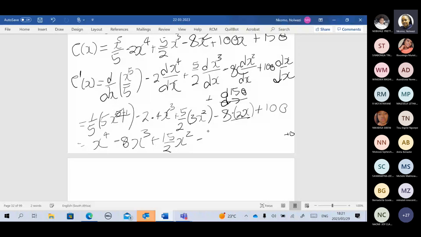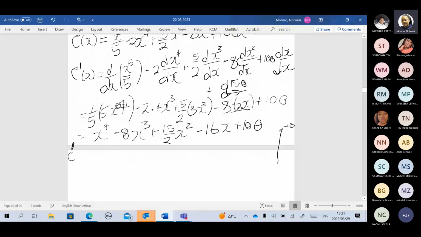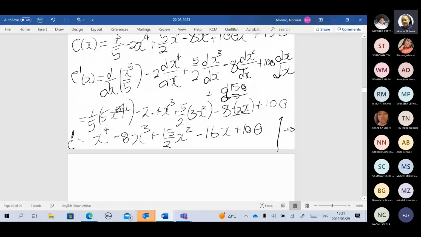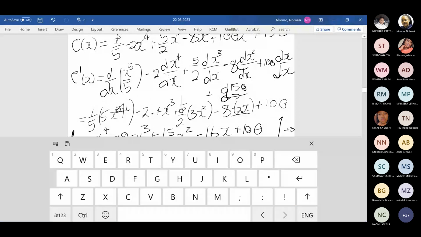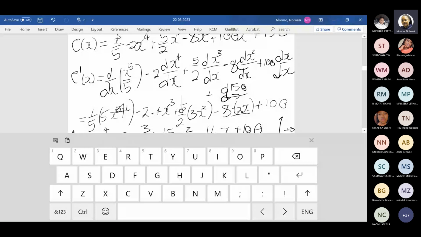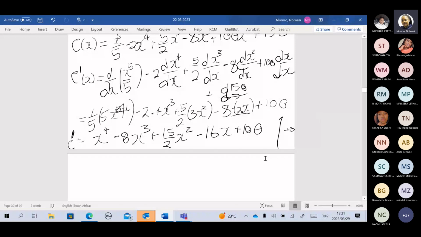Remember, we are asked to find C prime prime, and we said the second derivative we get by differentiating the first derivative, right?